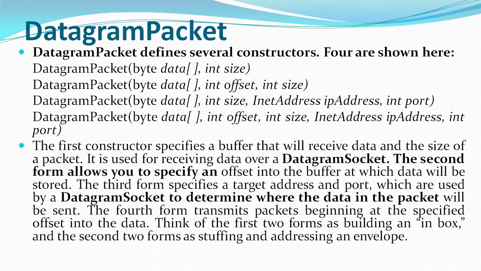Second constructor: DatagramPacket(byte[] data, int offset, int size). Third constructor: DatagramPacket(byte[] data, int size, InetAddress ipAddress, int port).